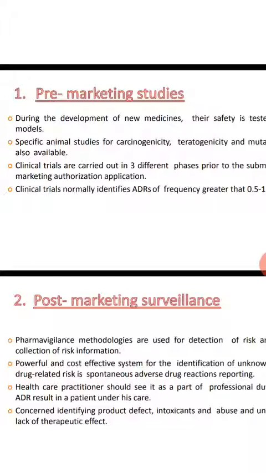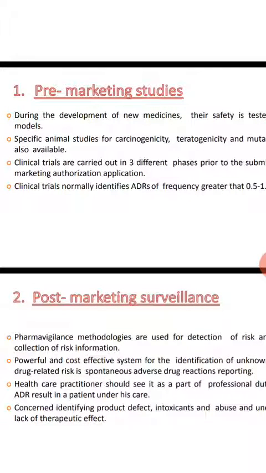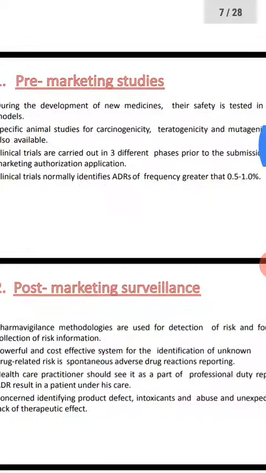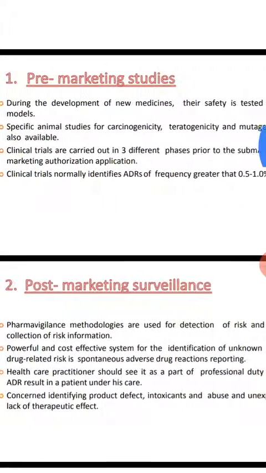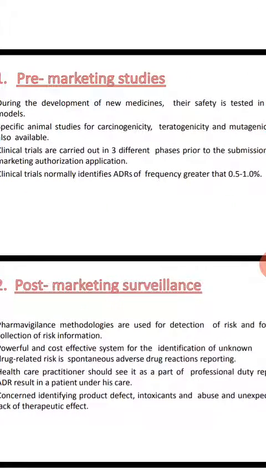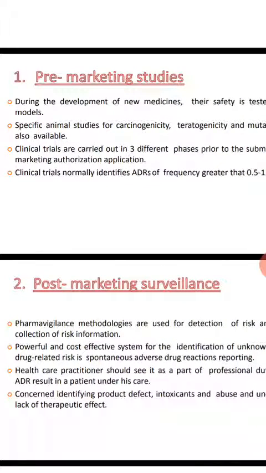In pre-marketing studies you can identify the ADR of the drug through the drug development process, by testing its safety on various test models. Examples: carcinogenicity, teratogenicity and mutagenicity are tested using specified animals.